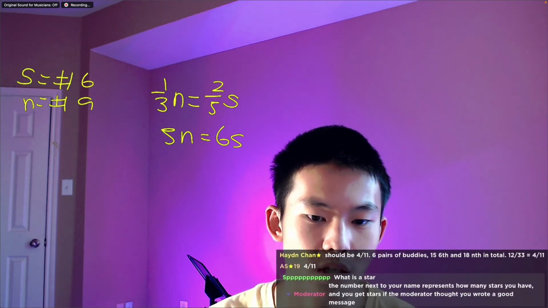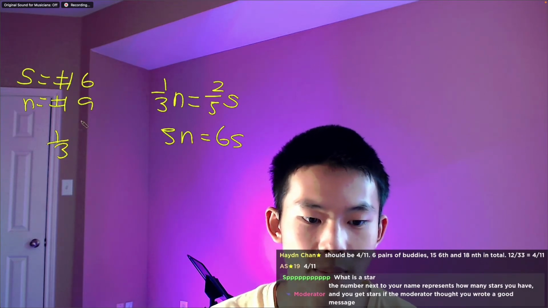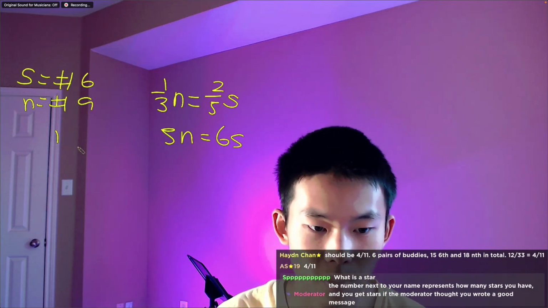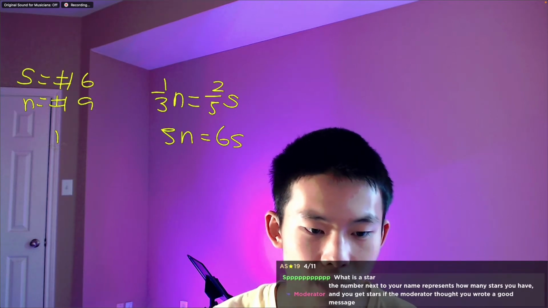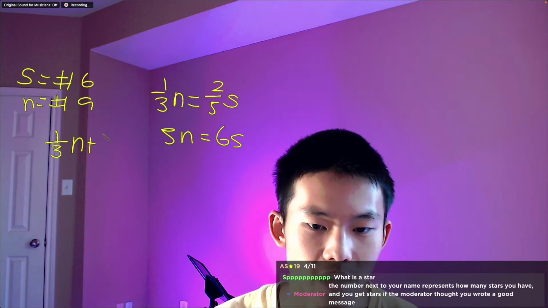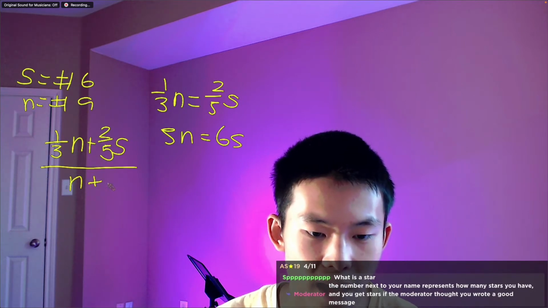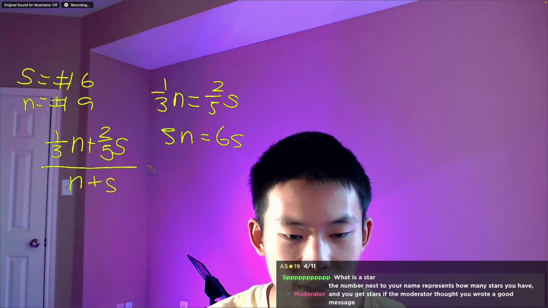So let's say, since we know that 1/3 of the number of 9th graders have a buddy, and 2/5 of all the 6th graders have a buddy, we want to divide this by n plus s. Hopefully I'm doing everything right.